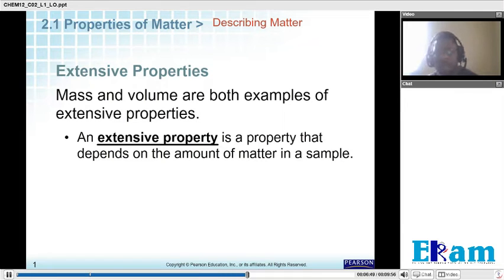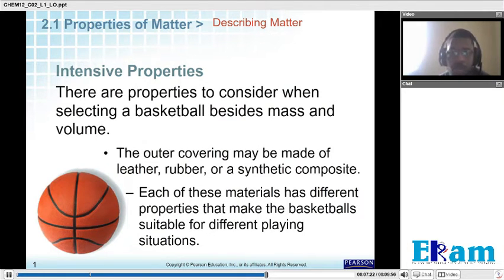The only examples of extensive properties are mass and volume, because they talk about the amount of matter in an object. The mass is the amount of matter in an object. The volume is the space that amount takes. Every object has an extensive property. That is to say that every object has mass and volume.